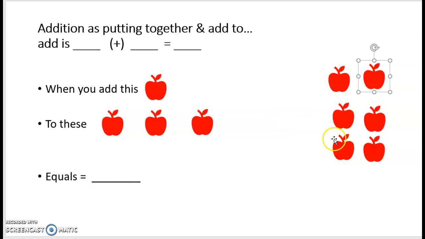With the apples on the right, they can draw in the total number of apples, using the pen to draw in their number 4 apples.